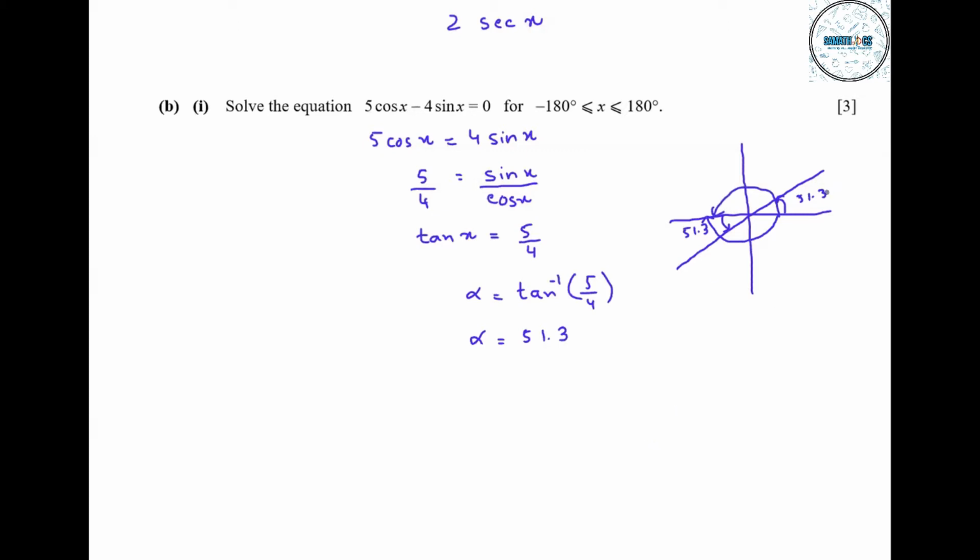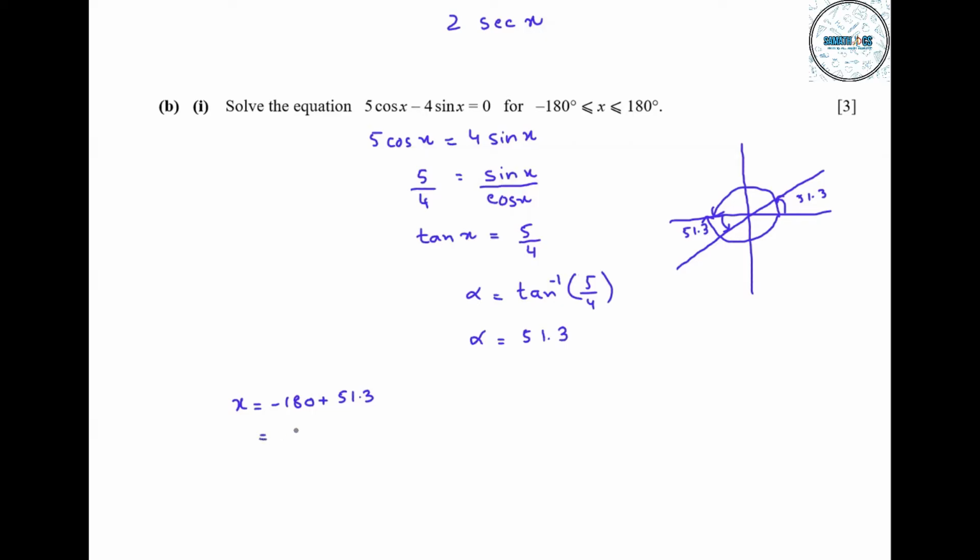So it means that we have to consider third quadrant for clockwise angles. So in third quadrant, it would be minus 180 plus 51.3. This is the angle which we have to consider.